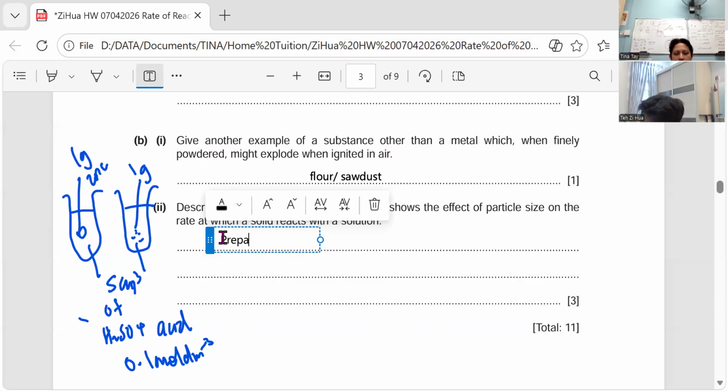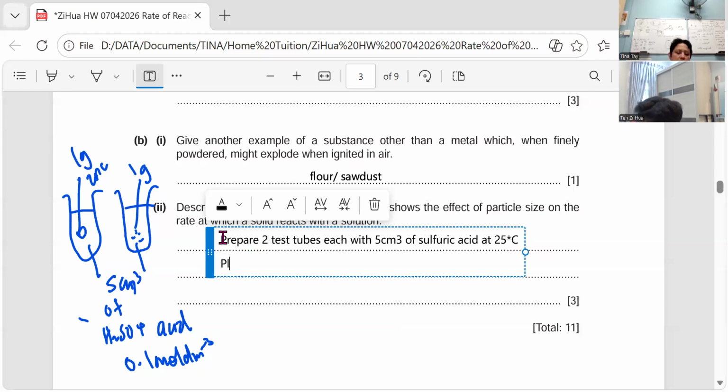So prepare 2 test tubes, each with 5 centimeter cube of sulfuric acid at 25 degrees Celsius. Add 1 gram of zinc pieces to one and zinc powder to the other.